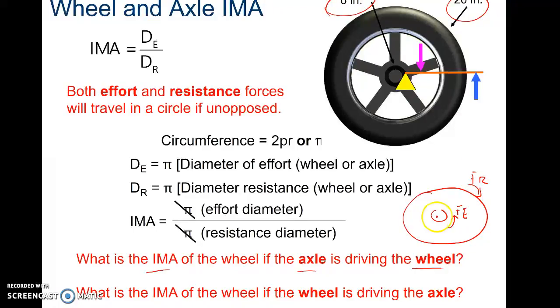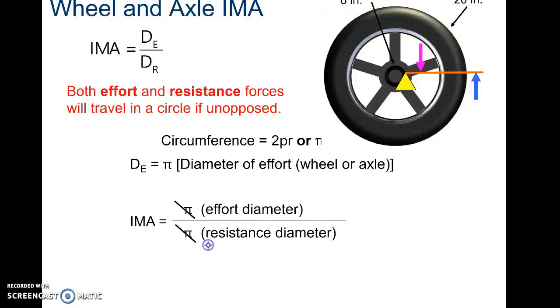So our DE would be the axle, which is 6 inches, so it would simply be 6 over 20, and that would give you your answer. If the wheel is driving the axle, it would simply be the other way around, 20 over 6.